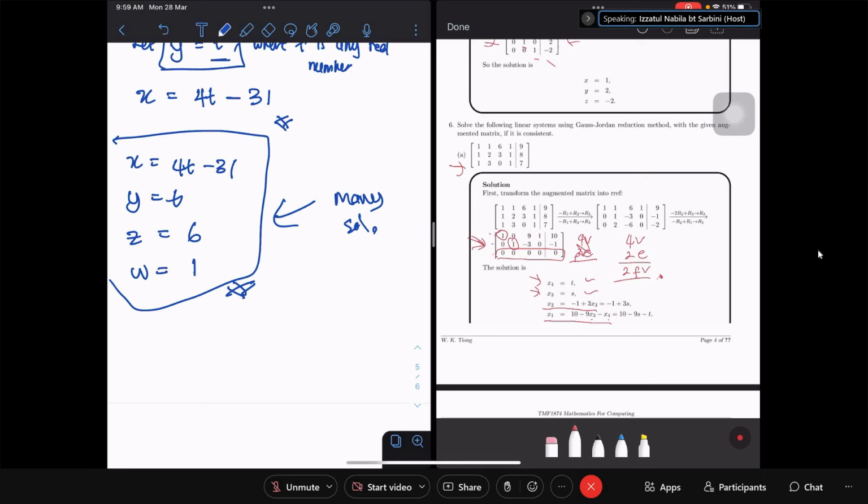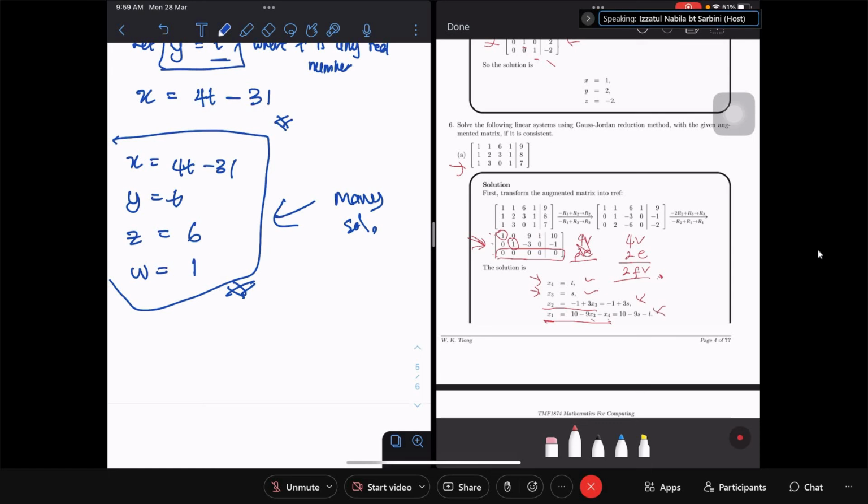So you just substitute x3 equals s into the second equation, and you have x2 equals -1 plus 3s. Then you substitute x3 and x4, s and t, into x1, and you have x1 equals 10 minus 9s minus t.